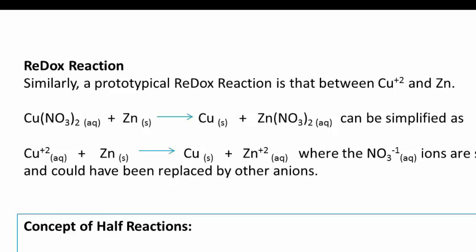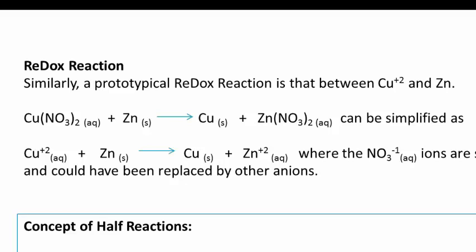Copper(II) nitrate, there has to be an anion somewhere, even if it's just a spectator, dissolved in aqueous solution, plus zinc metal. The redox reaction is that in which copper 2+ becomes reduced to copper metal, and the reactant zinc metal becomes oxidized to zinc 2+, which will now be balanced by the counterion nitrate. But again, the nitrate anions are just spectators. They're just there to make sure everything is neutral.